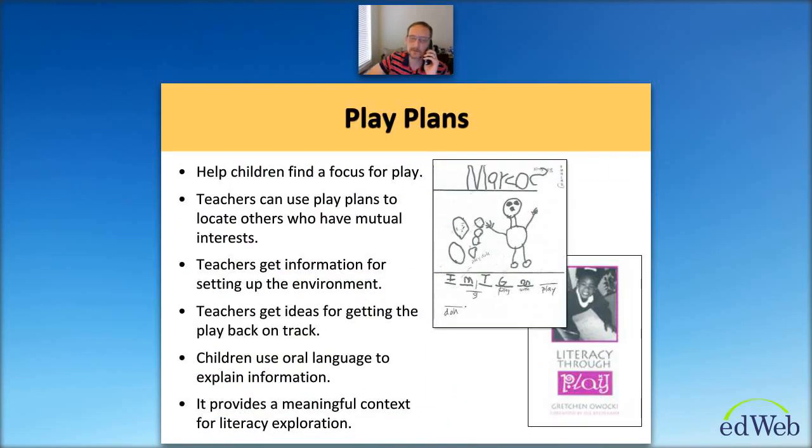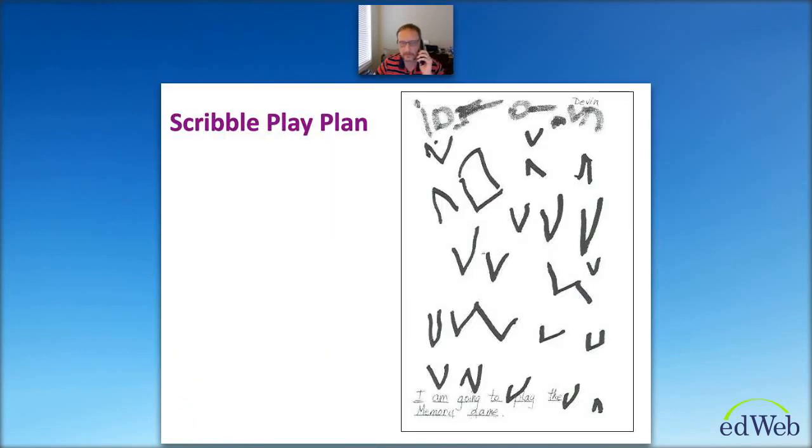One way to do that they've incorporated at some places, this is a book called Literacy Through Play from Gretchen Owocki, who talks about the way that teachers use play plans as a way of writing, where children will talk about what they're going to do that week, and they develop some sort of a play plan of what they're going to be doing. And those play plans eventually become narratives and eventually even stories. So it provides a meaningful context for literacy exploration.